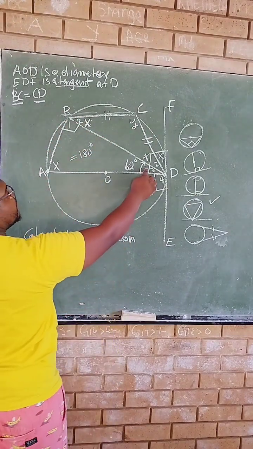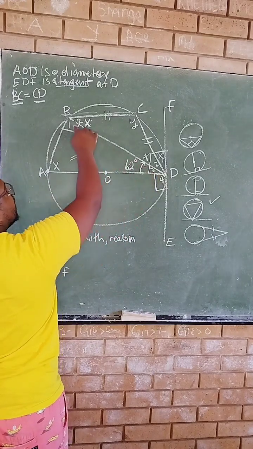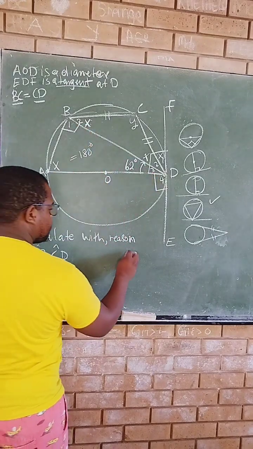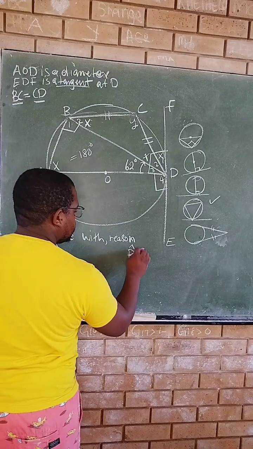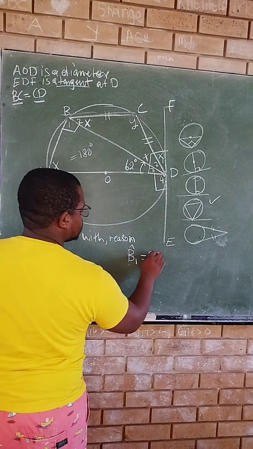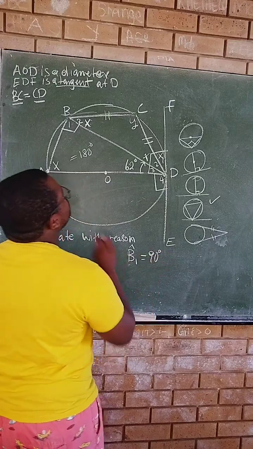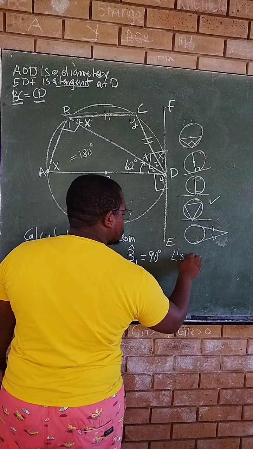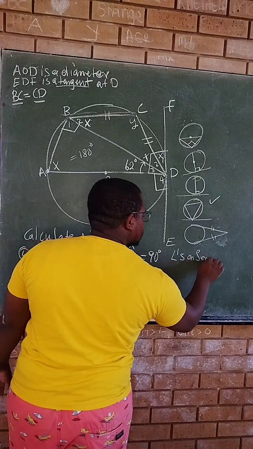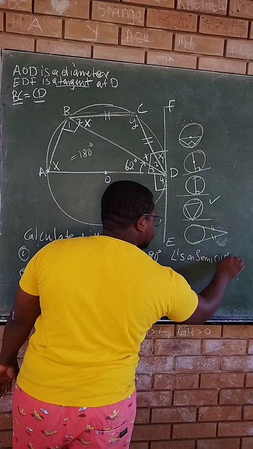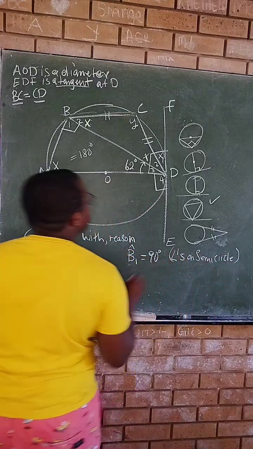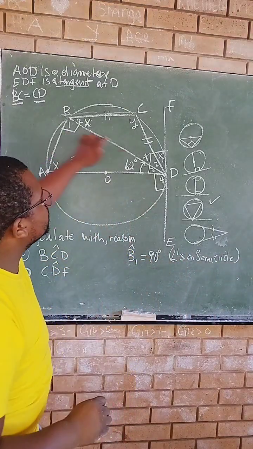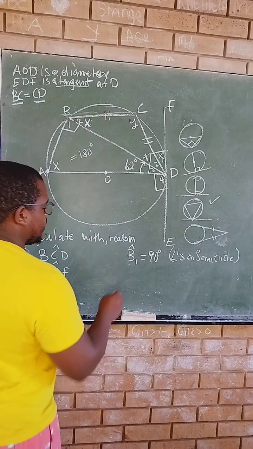So we are going to start by saying I have 62 degrees here. I have 90. So step number one, B1 is equal to 90 degrees. What was the reason? Angles on a semicircle. Then after that, I use the sum of angles of the triangle.